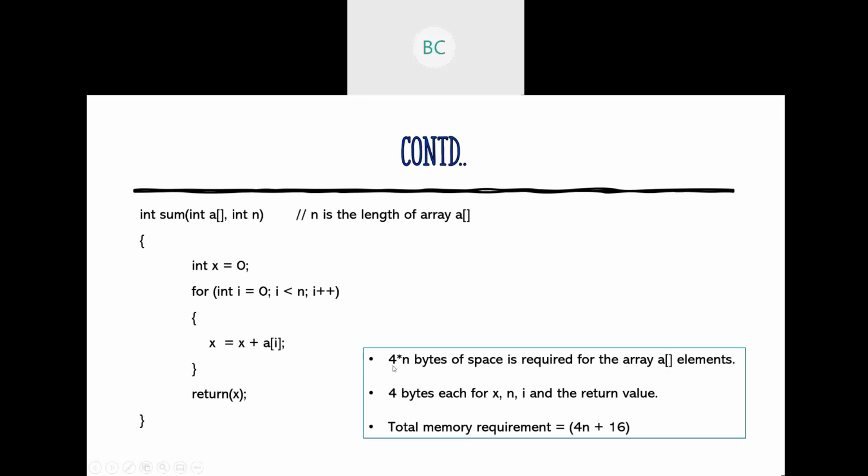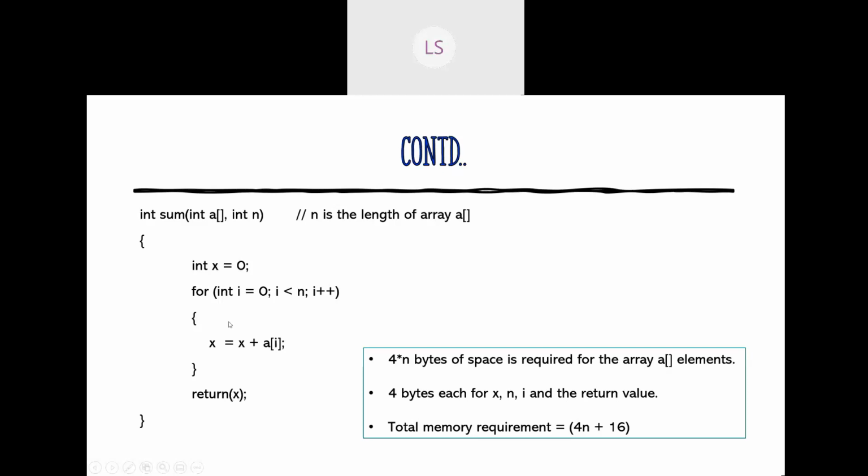Because int type is 4 bytes, depending on your size. Then 4 bytes each for x and i. You have three other variables x, n, and i. Then we again have the return value, return x.